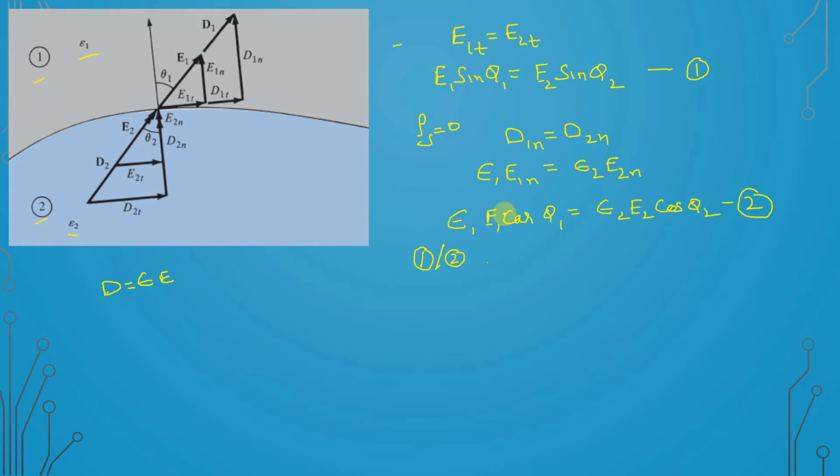So you can write E1 sine theta 1 divided by epsilon 1 E1 cos theta 1, and so on, which gives tangent theta 1 divided by tangent theta 2 is equal to epsilon 1 divided by epsilon 2.